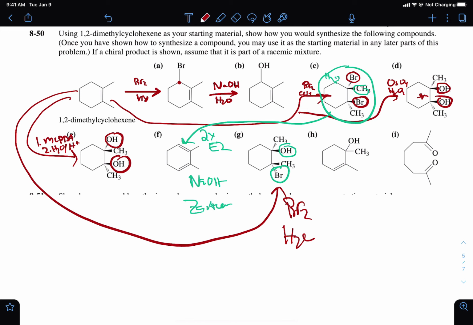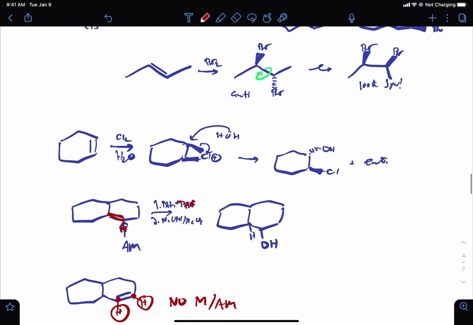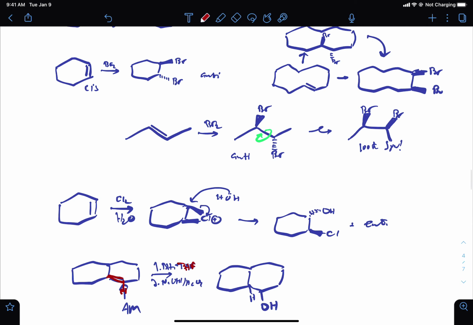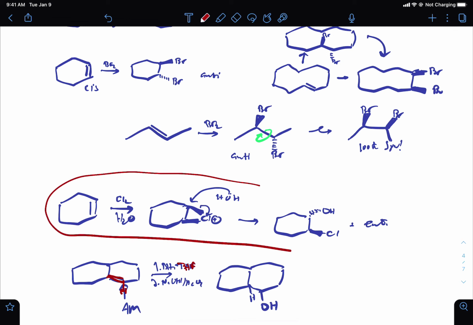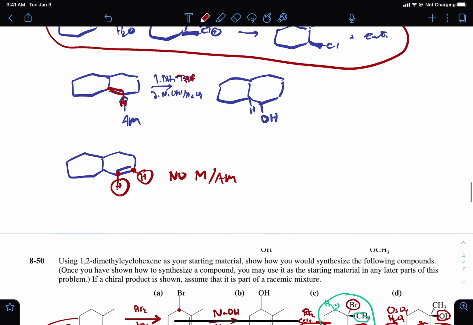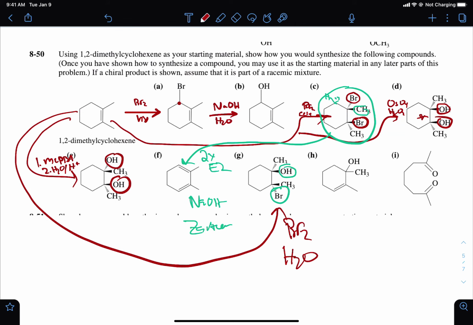So we get the OH and the Br anti to each other. Right, we did that before. Here, we did it with Cl2. Now we're doing it with Br2 here. Again, recognize the patterns.